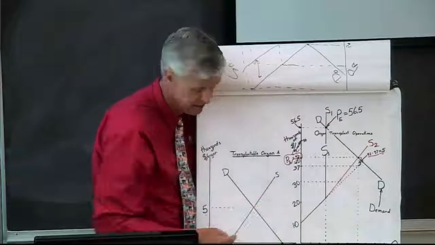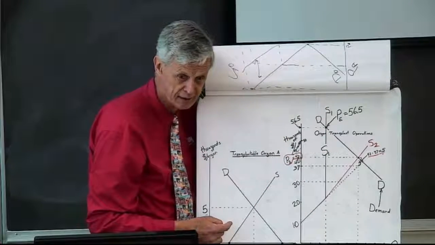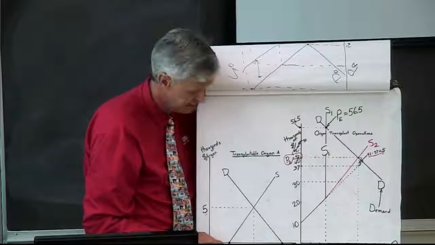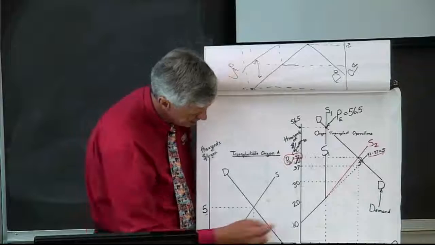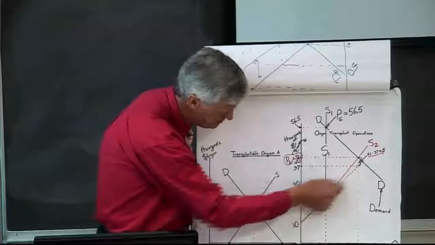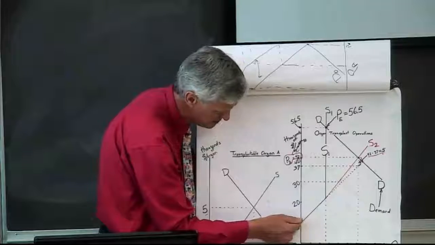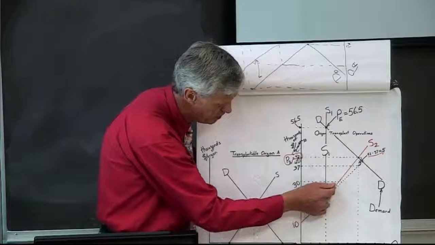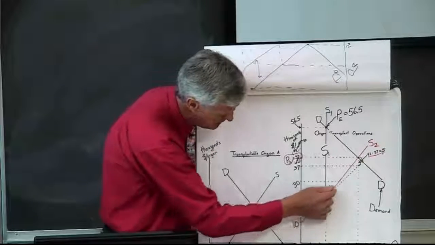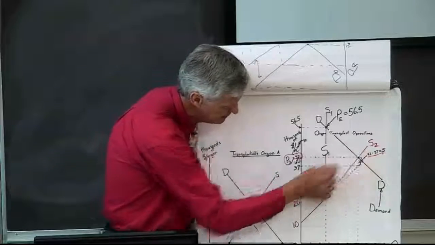S1 is the initial supply given the federal ban on paying for these organs that limits us just to the amount donated. I made the line dotted because maybe it's curved, but just for the sake of simplicity, suppose the opportunity cost of providing these operations increases at a constant rate. So we get that dotted line here.